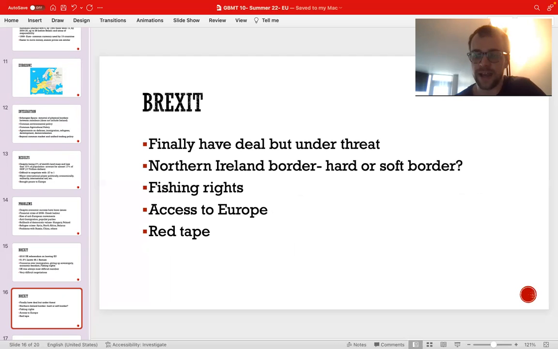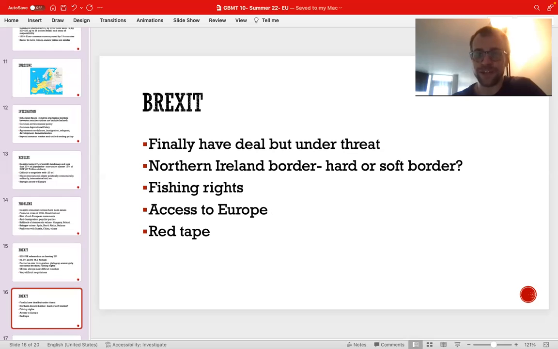Nonetheless, a deal was signed, but a variety of aspects are incomplete. For example, fishing remains contentious, specifically regarding what is European waters and what is United Kingdom waters. Also, the red tape and access to the European Union is a persistent issue, specifically for Brits who own property abroad.